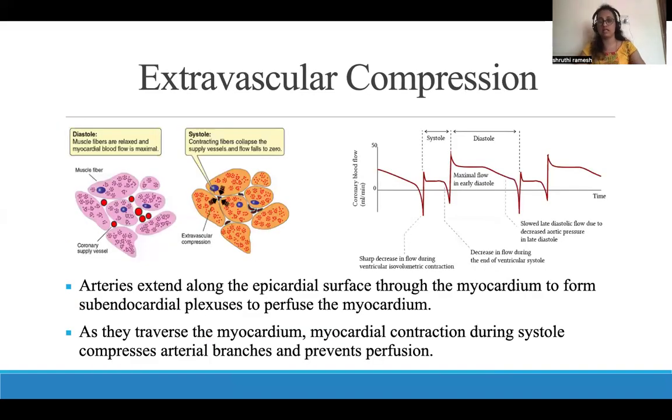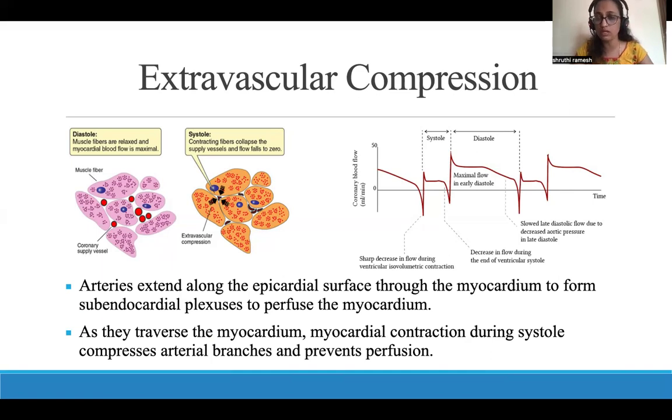Coming to the extravascular compression, the blood vessels which enter the myocardium run perpendicularly into the myocardium till the endocardium to form the subendocardial plexus. They go directly between the muscles into the subendocardial region. So whenever the ventricles contract during the isovolumetric contraction, these perpendicular blood vessels get compressed, and as a result there won't be any flow through those vessels.